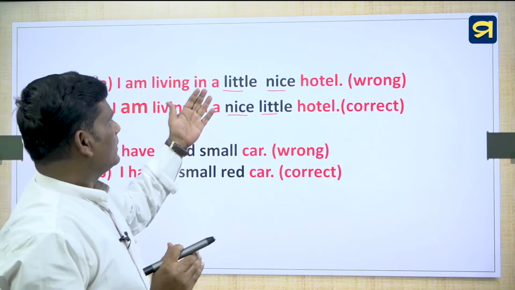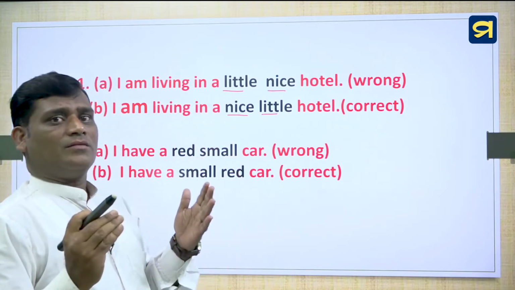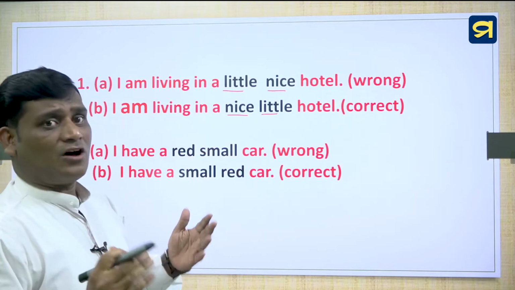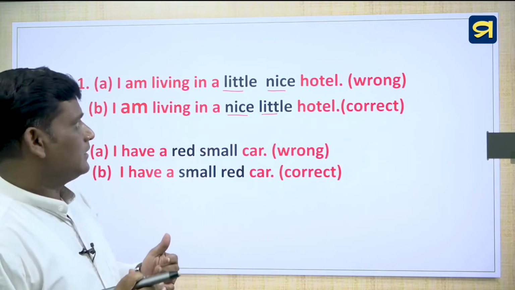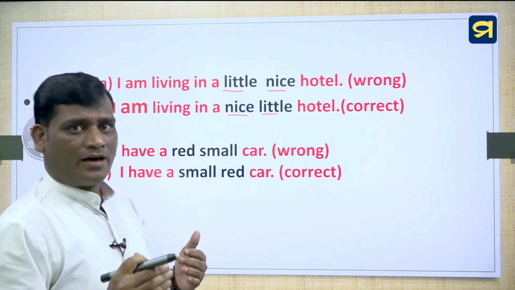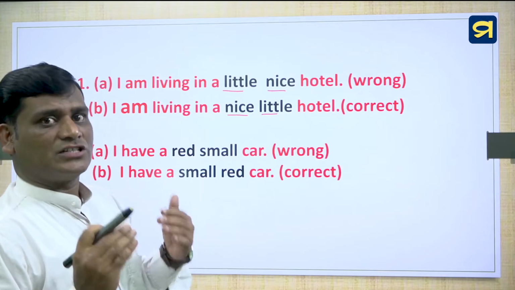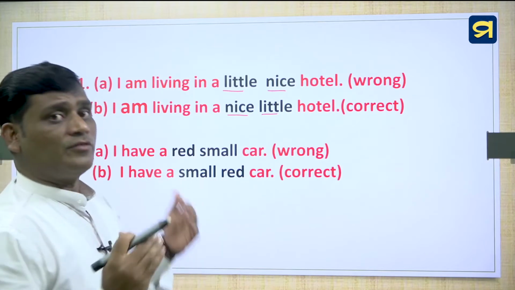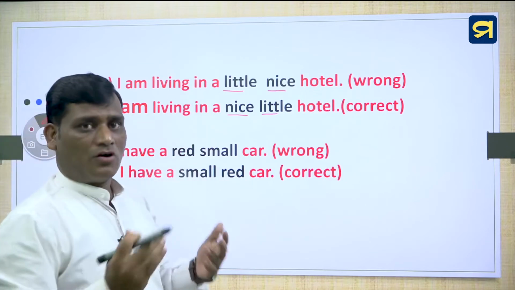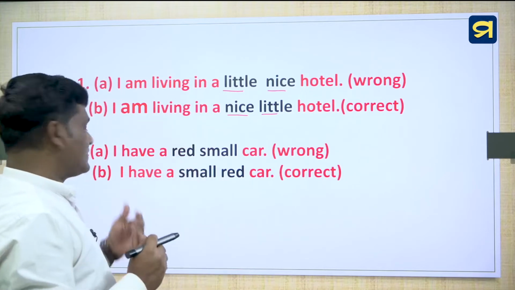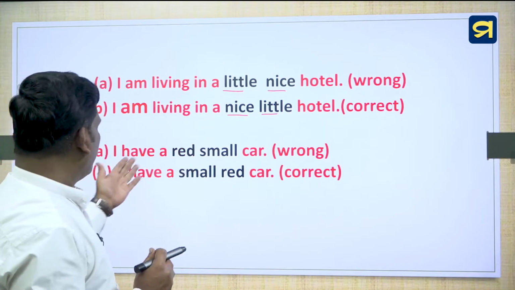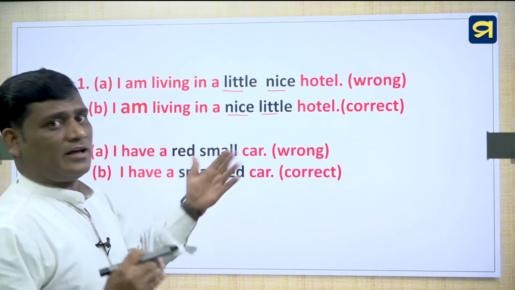So we cannot use multiple adjectives in a sentence at our own interest. It must have some arrangement, sequence or order. We have to follow it, otherwise the sentence may be wrong. Similarly, in the second sentence also: I have a red small car.